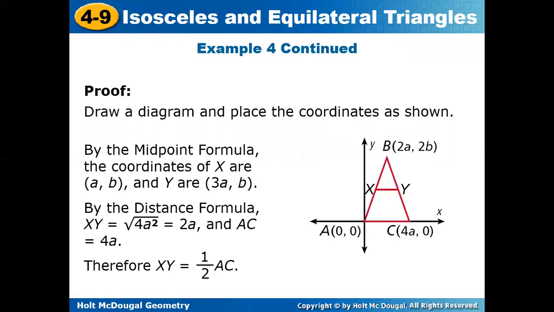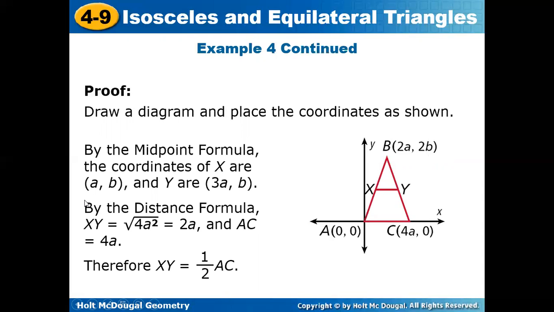Now, by the midpoint formula, the coordinates of X are (a, b), and the coordinates of Y are (2a plus 4a is 6a, divided by 2, it will be 3a; 2b plus 0 over 2 will be only b).